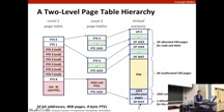Okay. So given this layout for my process, I only need 3 level 2 page tables. The first page table covers the first 1,024 pages of my code and data. The next page table covers the remaining 1,024 pages.